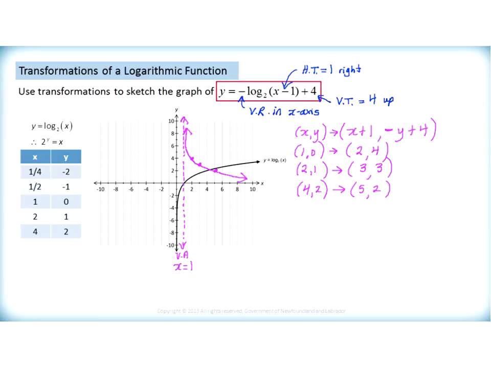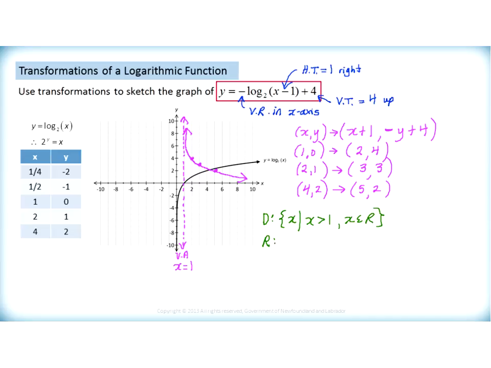We can also, at this point in time, talk about the domain and the range and the equation of the vertical asymptote. So notice that the domain is dependent upon the horizontal translation that took place. All values of x in the domain are x greater than 1, where x belongs to the set of real numbers.